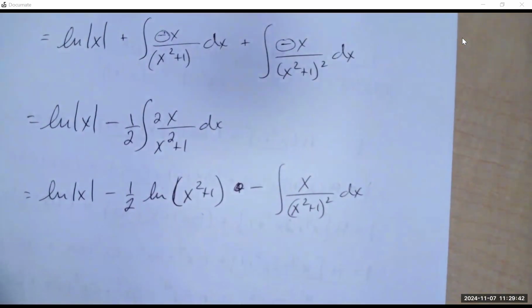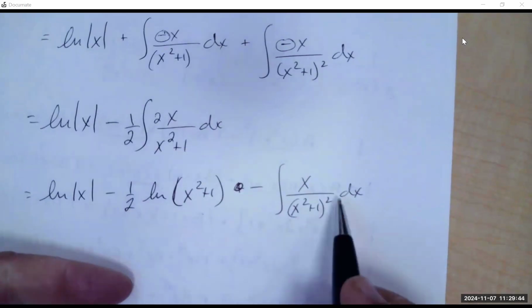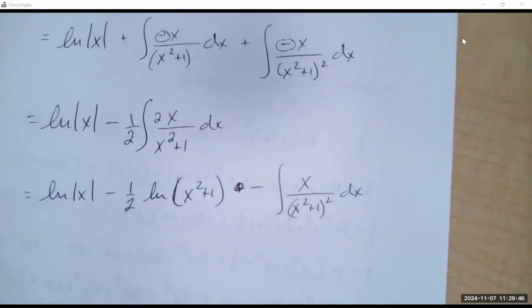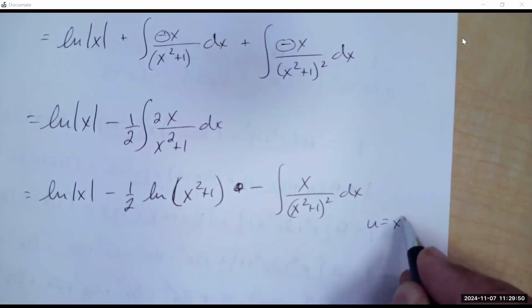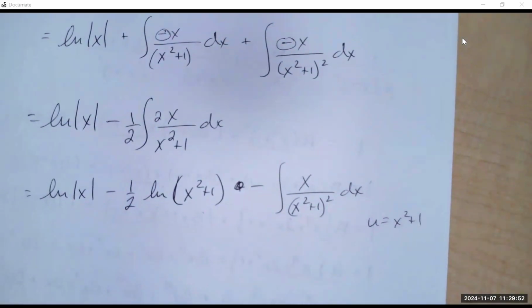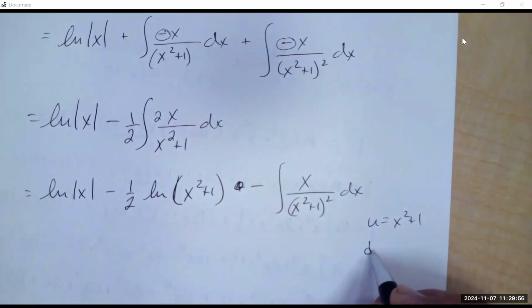We don't have any formulas that deal with x squared plus 1 squared. We can use substitution. Let u equals x squared plus 1. So du would be 2x.